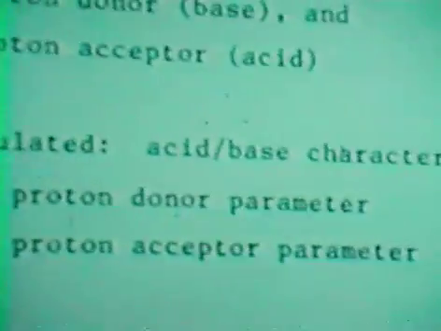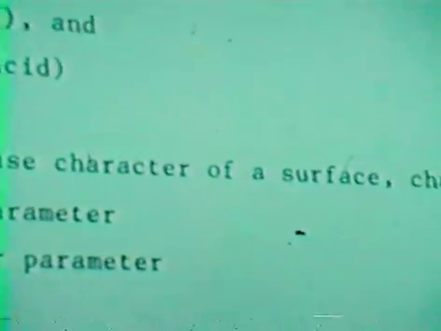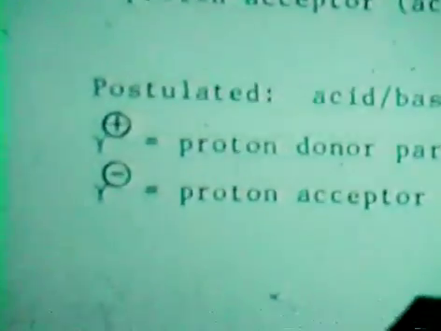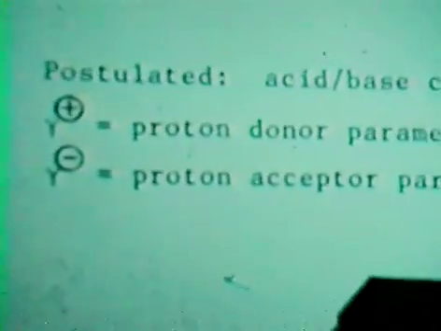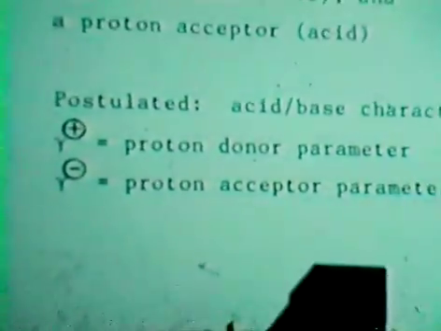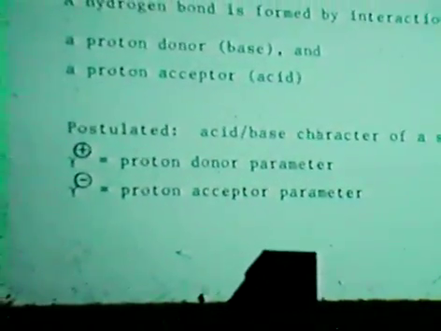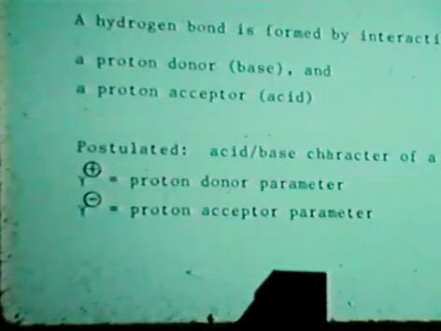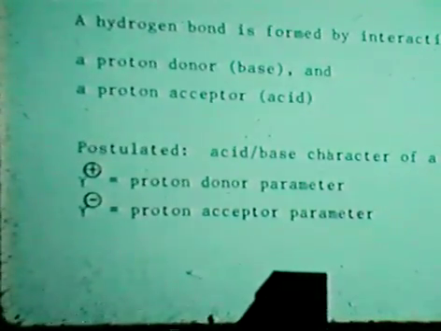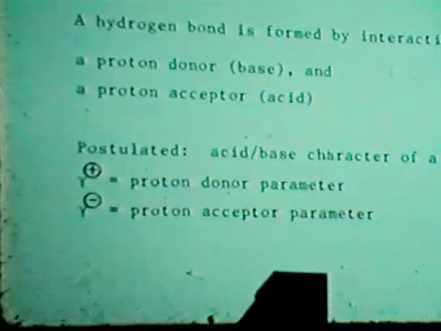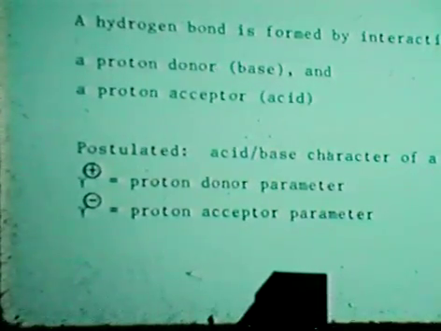This is the Brønsted interpretation of acid-bases. We can do this equally well in terms of the Lewis theory of acid-bases, in which an electron acceptor is an acid, and conversely for a base. So we postulate that there are two parameters, which are called gamma plus and gamma minus. Next slide.